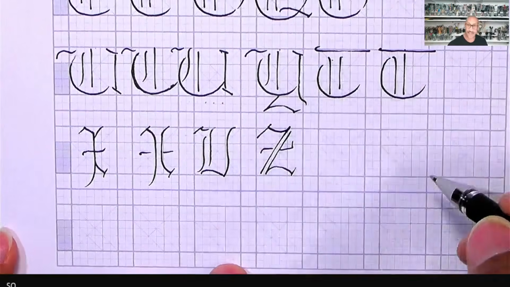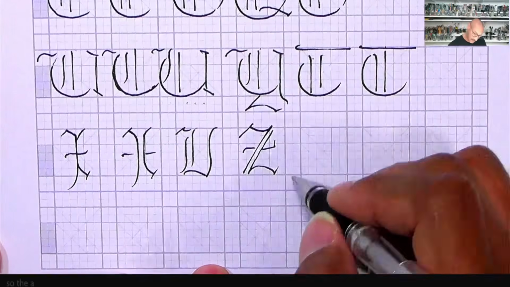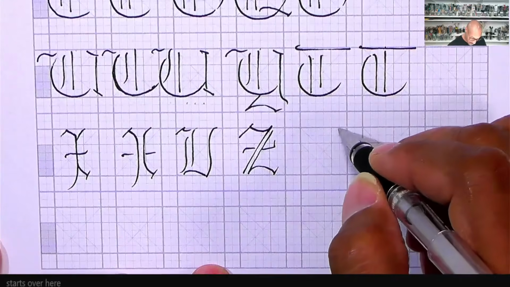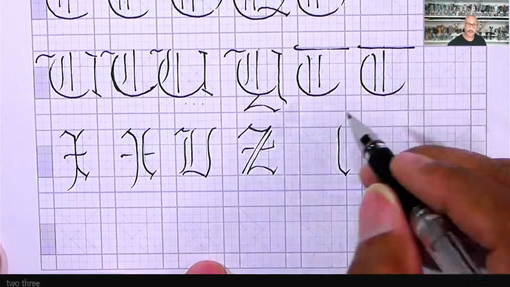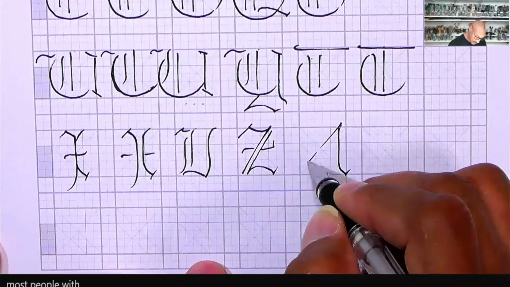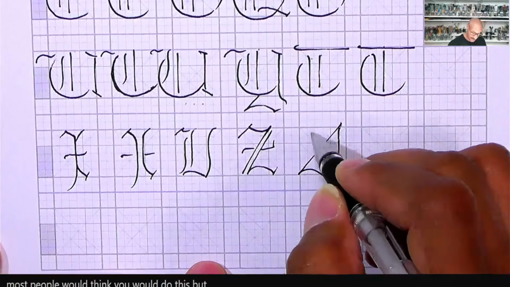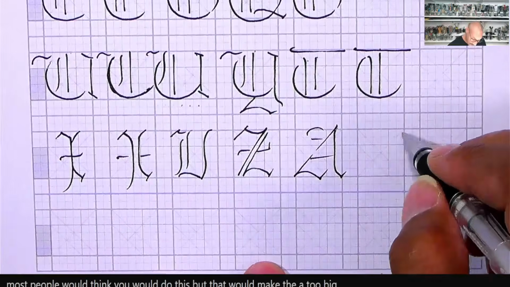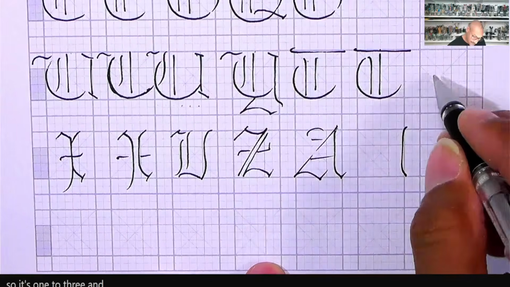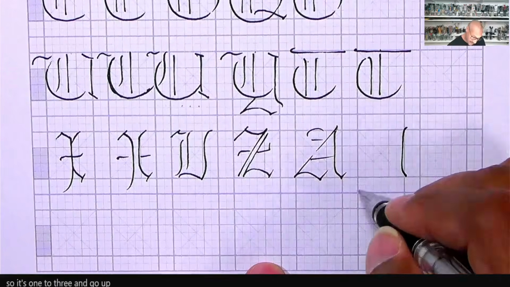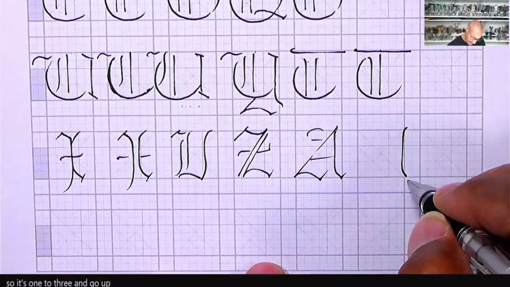So the A starts over here. 1, 2, 3. Now, most people would think you would do this, but that would make the A too big. So it's 1, 2, 3, and go up. 1, 2, 3.